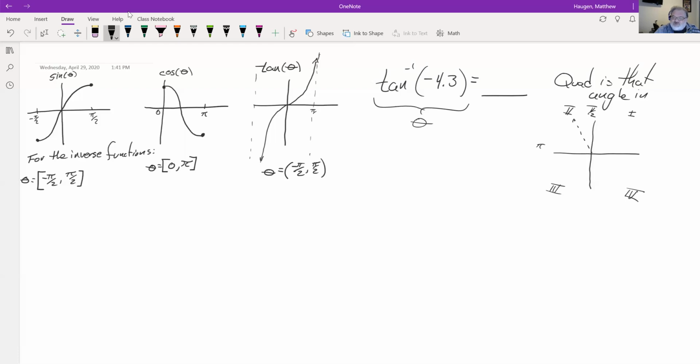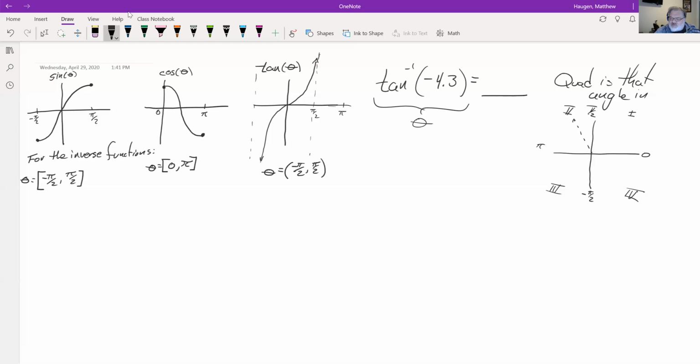And the inverse function for tangent doesn't know about angles in quadrant 2. It only knows about angles in the negative version of quadrant 4, between 0 and negative pi over 2.